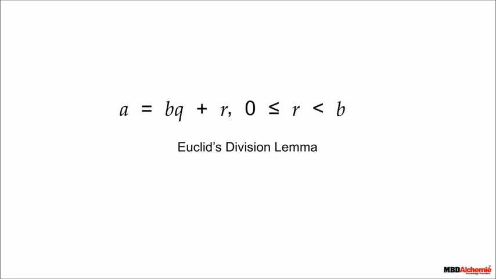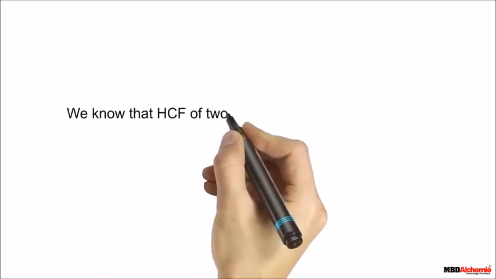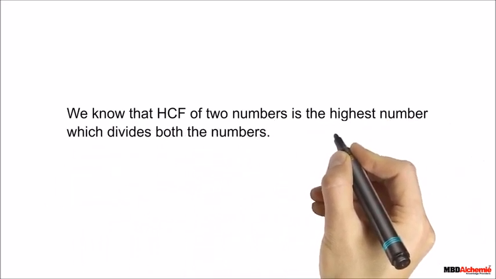Thus, Euclid's division lemma says that for any 2 given positive integers A and B, there exist unique numbers Q and R, satisfying A is equal to BQ plus R, where R is greater than or equal to 0 and less than B. We know that HCF of 2 numbers is the highest number which divides both the numbers.